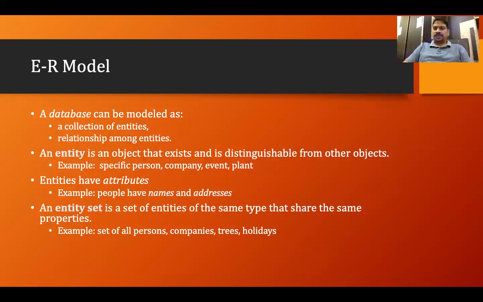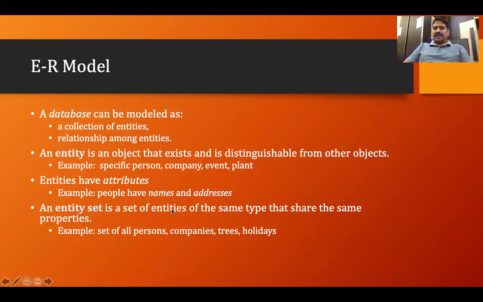If we talk about a person, a person has its ID, its name, its address, its phone number, its age, its sex, whether it's male or female or transgender. So it is all the properties related to one particular entity or one particular object, right?